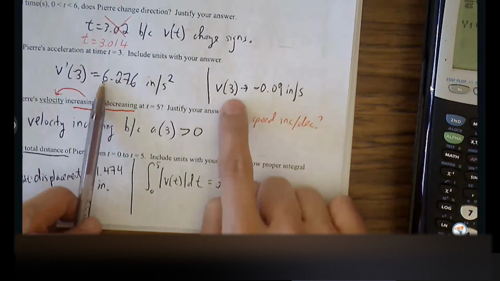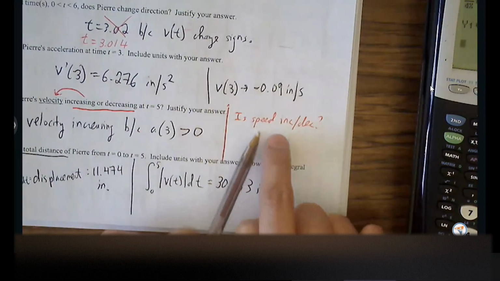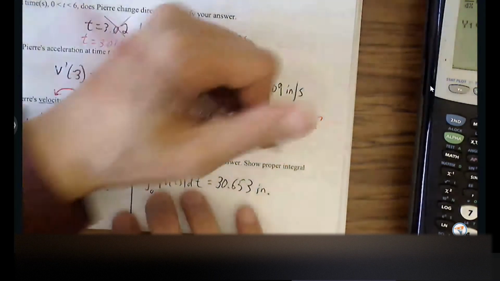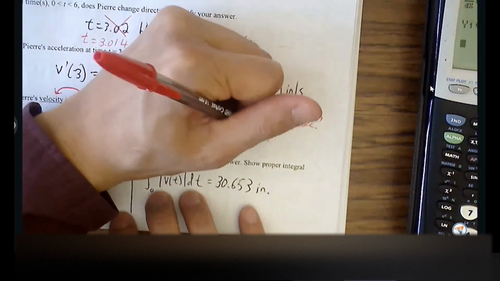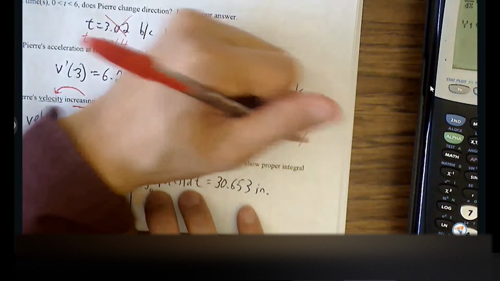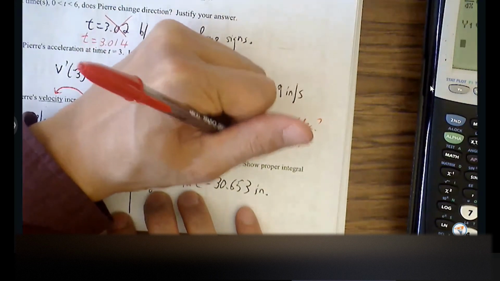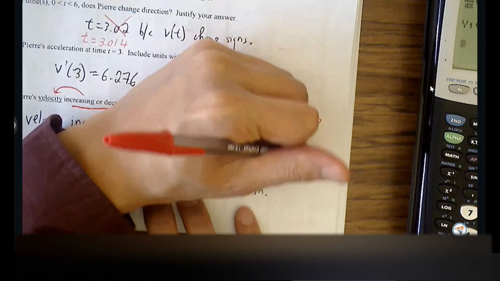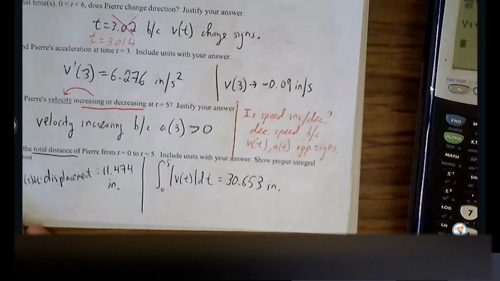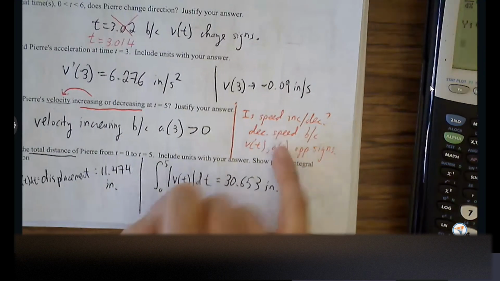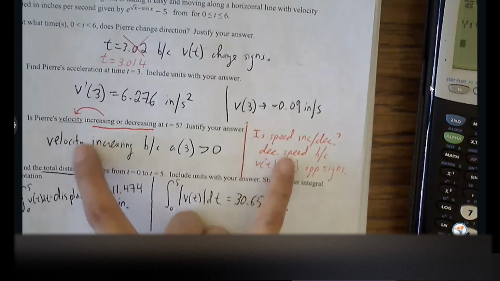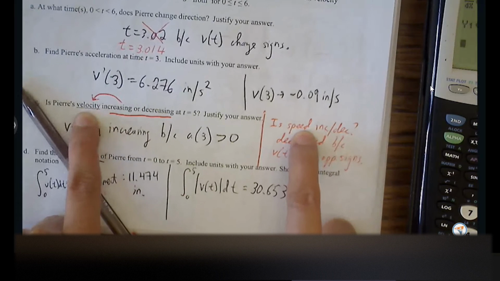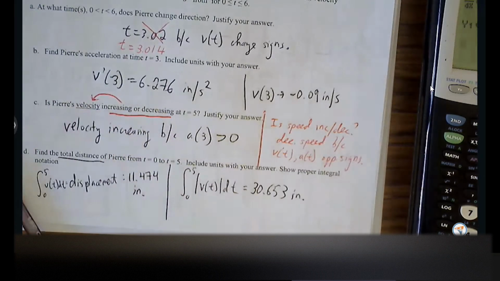Because velocity and acceleration have opposite signs, the answer to this would be decreasing speed. Okay, does that distinction make sense? They're so similar, but I want to see if you understand that distinction.